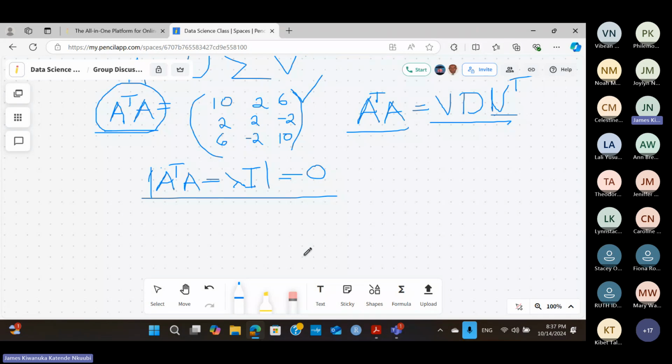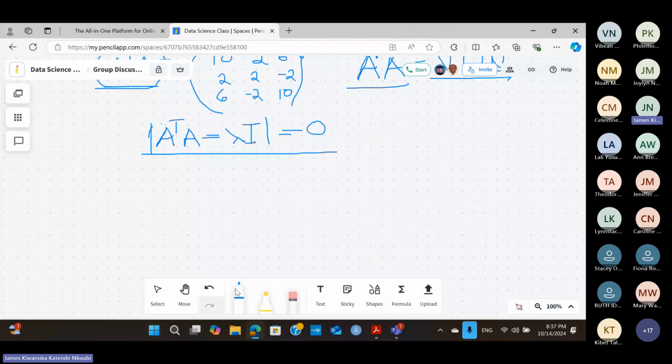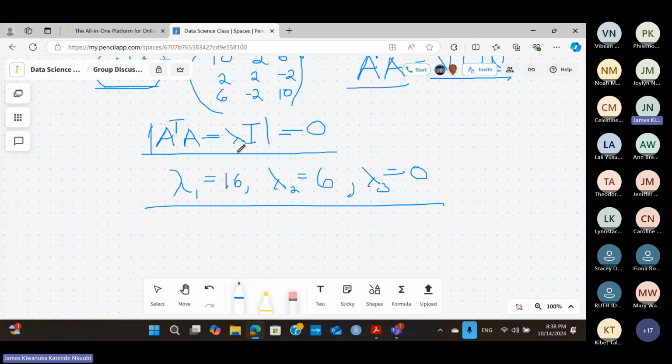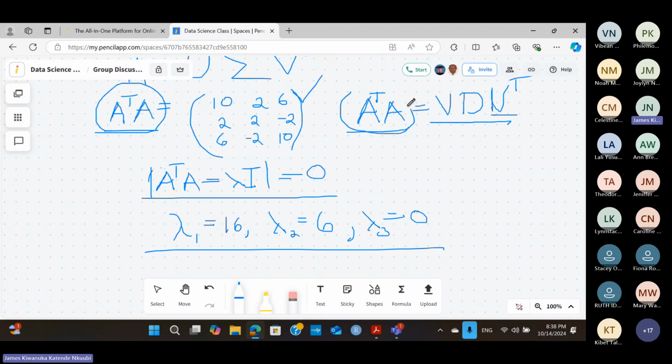I don't have the polynomial here. I'll work it out later. But what will happen is you will get 3 eigenvalues. It will be a polynomial of degree 3, whose roots will be 16. The other root, lambda 2, will be 6. And the other root will be 0. So these should be the eigenvalues of this matrix.